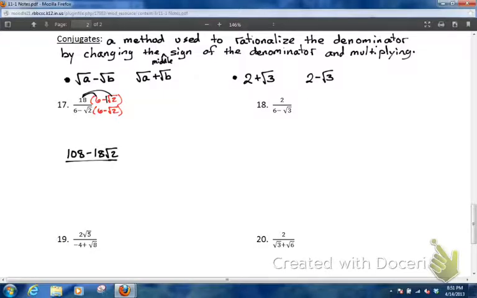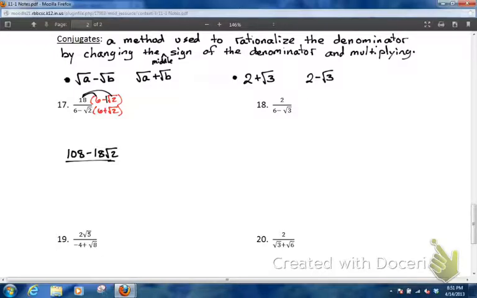My denominator then, I actually have to FOIL. Now, this is going to work the same way every time because we're doing a conjugate. Oh my gosh, I've already messed this problem up. I'm sorry. The conjugate is 6 plus the square root of 2. Sorry about that. So go back there and change that.